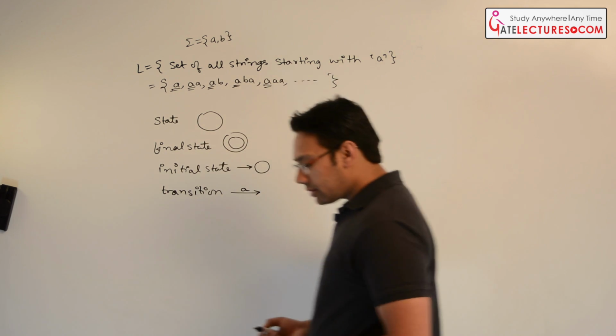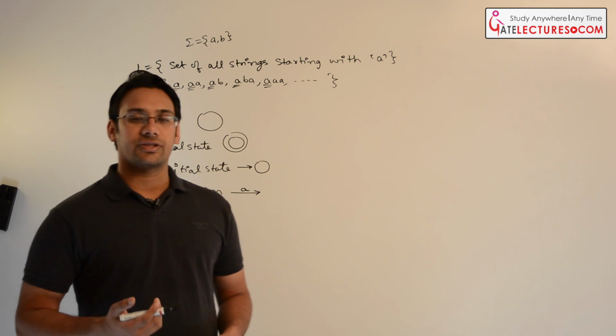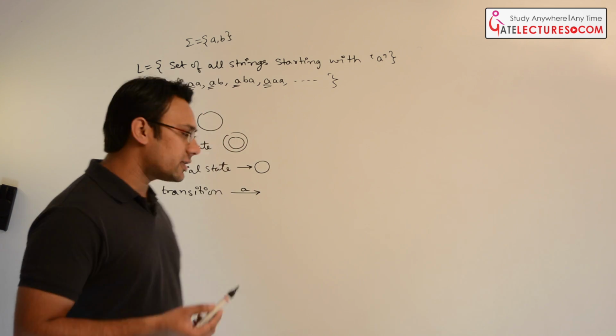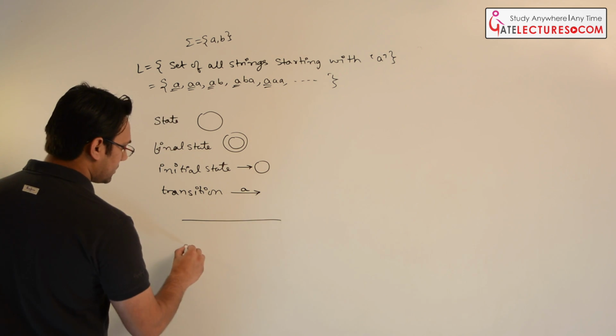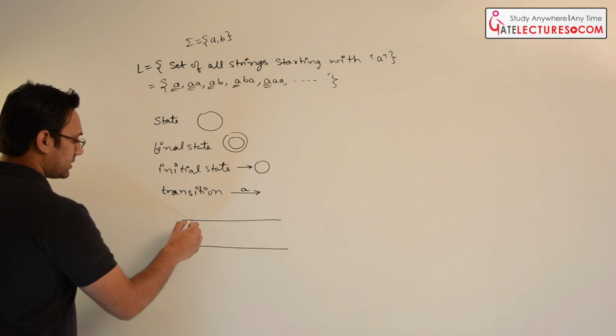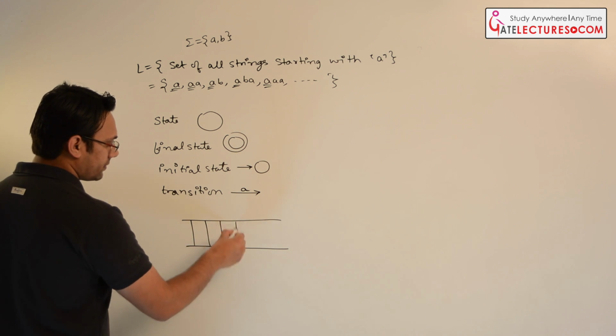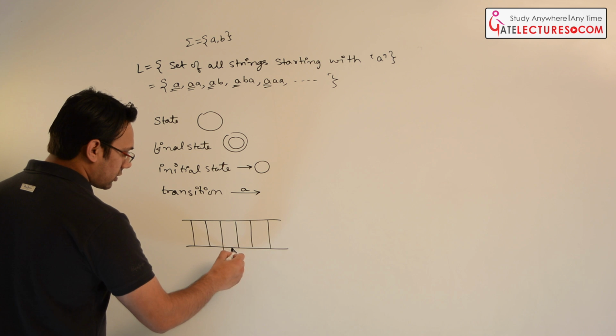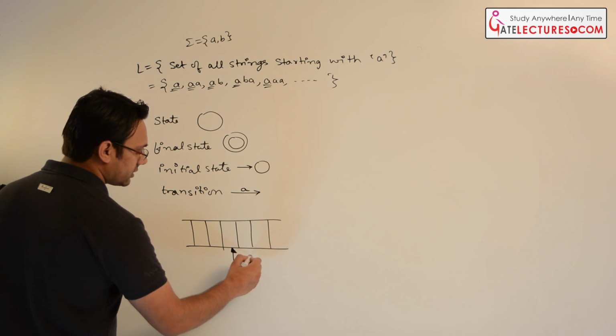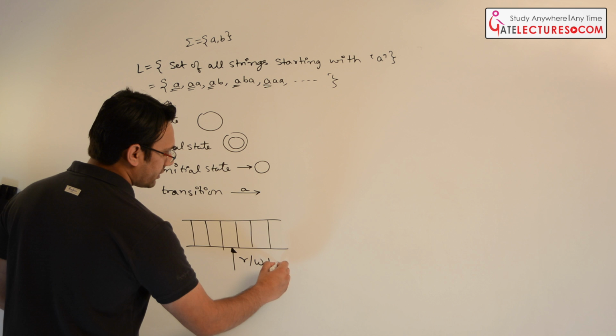Okay. Now you should know what is the basic structure of a finite automata. So in this finite automata what we use is there is a tape like this. This is called as a tape, right? There will be something called as read-write head. So this is read-write head.